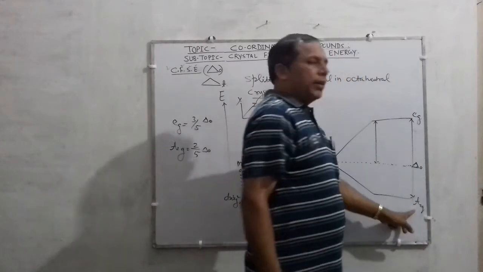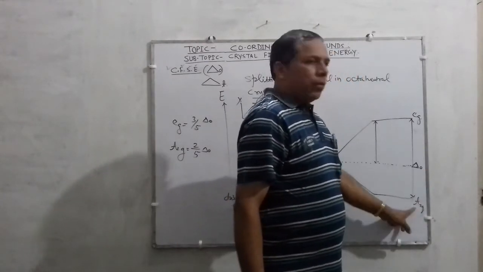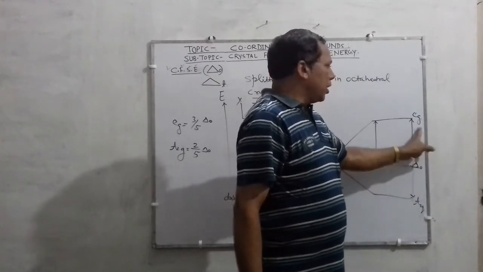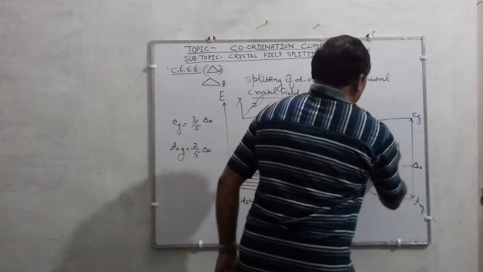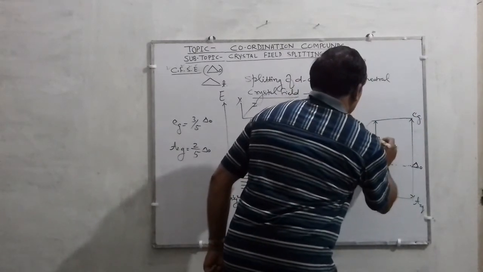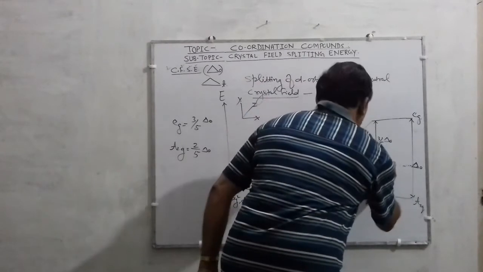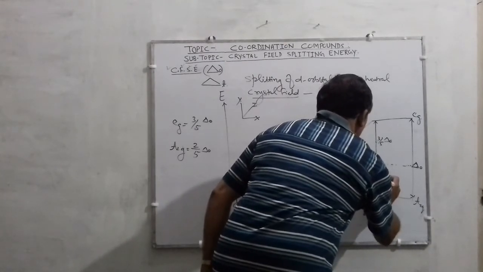These are the splitting energies of the d orbitals. The one of lower energy is represented as T2g, and the one of higher energy is represented as Eg.